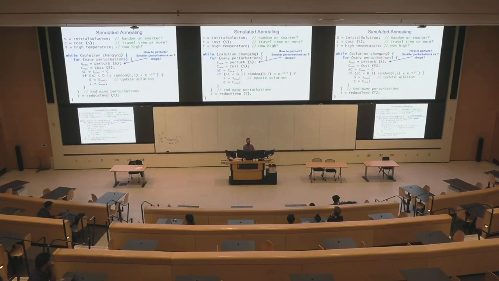Also the perturbations, like we defined only 3 perturbation operators. You can come up with your own and see what works best. In my PhD, for example, I implemented the simulated annealing algorithm for a different kind of problem, which was how to plan a medical therapy, right? I want to place some sources that optimize my treatment. And I used simulated annealing to choose the placement of those sources.